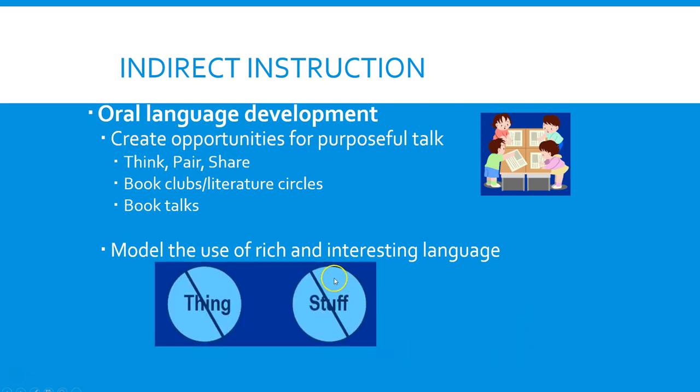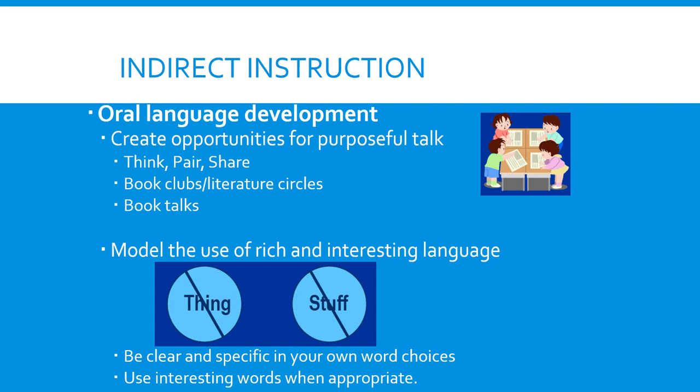So not calling your audio books and your books in your library things or stuff, but actually using words like tape recorder, microphone, textbook, poem, fiction book. Whatever you can do to use different words is important, and your students will learn from watching you. And just be clear and specific in your own word choices. Using interesting words where appropriate is always a good idea.